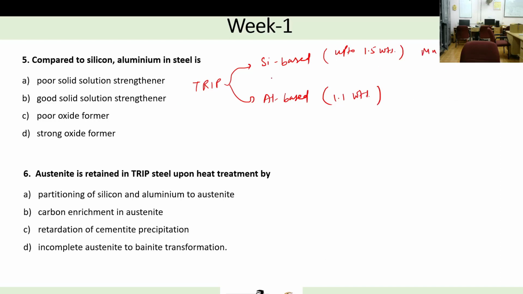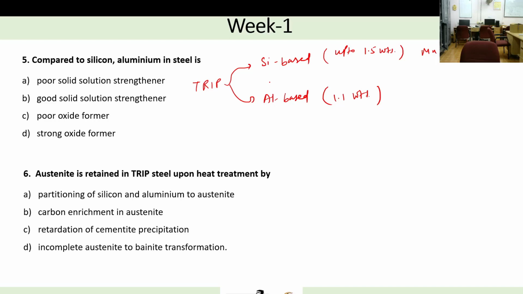The main highlight of these 2 steels is that when you add silicon and aluminum, their solubility in cementite is very poor. They cannot be together with the cementite. So when they are present there, you will not form cementite, right?